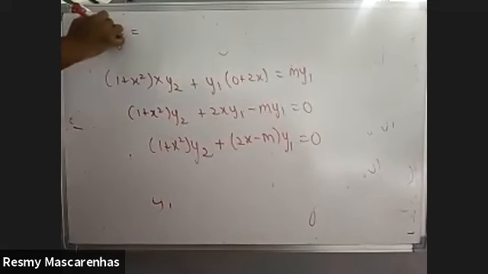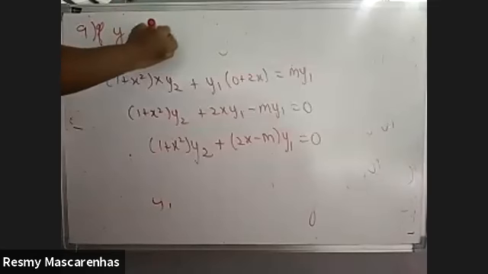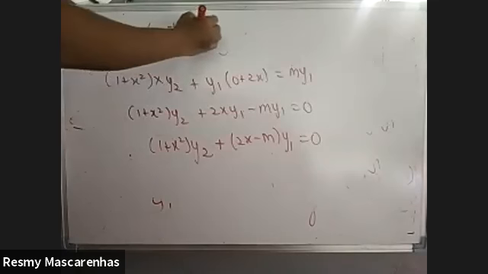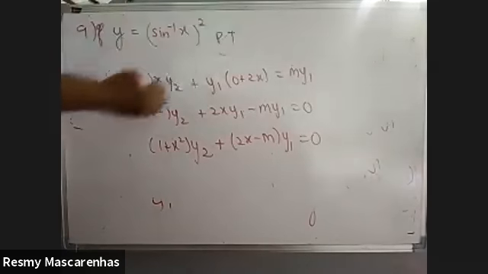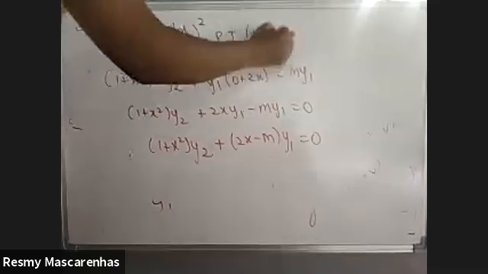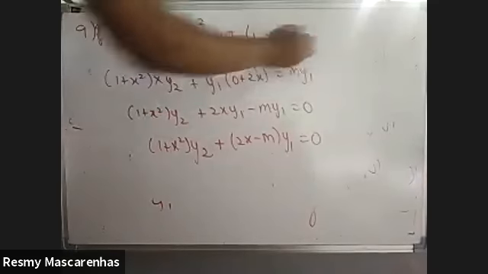If y is equal to sine inverse of x, the whole square, prove that 1 minus x square into y2.